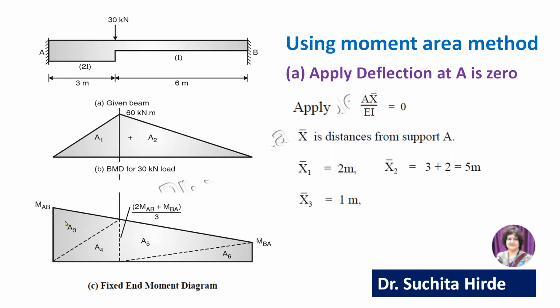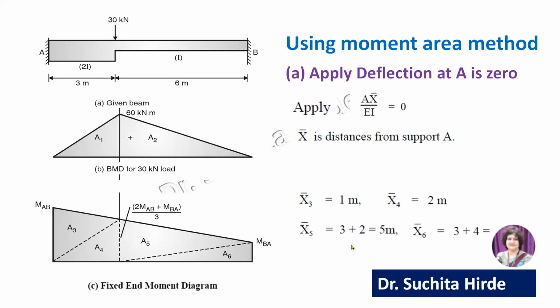Then x3 is the CG of this, and it is 1/3, so it is 1 meter. x4 is 2/3 from A, which is 2 meter. x5 is again 1/3 from this base, but plus 3 will be there. So 3 plus 2 is equal to 5. And x6 is equal to 3 plus 2/3 of 6, that is 4 meter. So 3 plus 4 is 7. After calculating this, just multiply the respective area by the respective distance of CG.